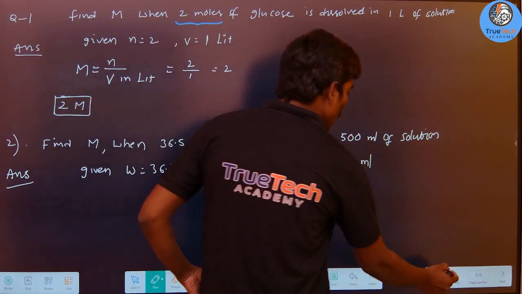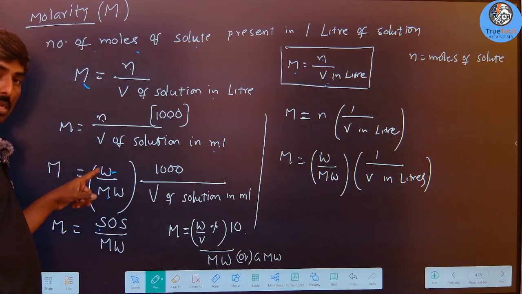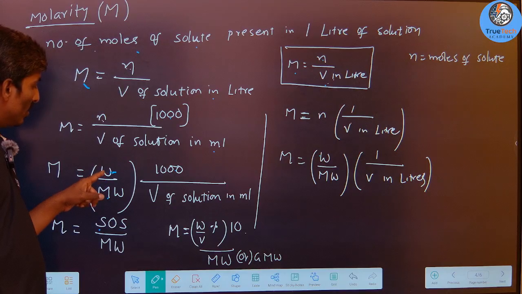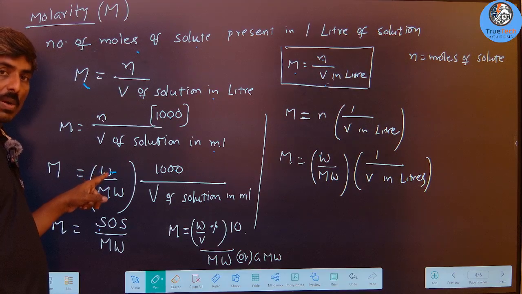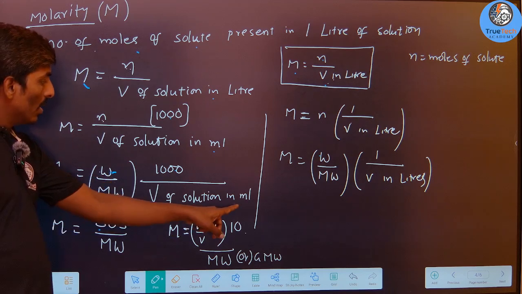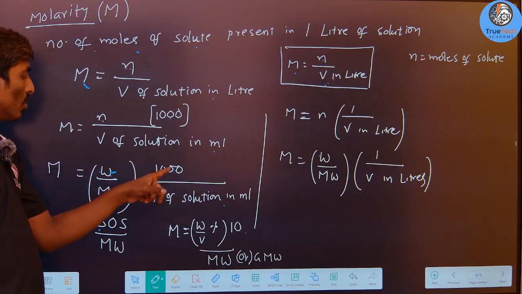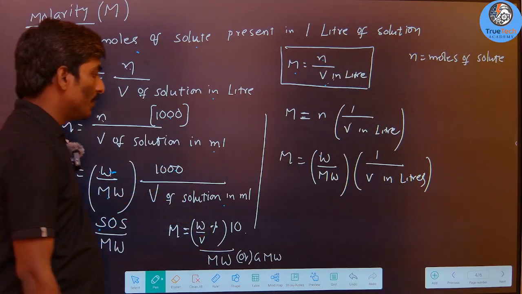So at that time, what is the formula we need to take? The given information contains weight, so we will use the formula which contains weight, and the volume is given in ml. So we will take this formula: weight by molecular weight into 1000 by volume of solution in ml.